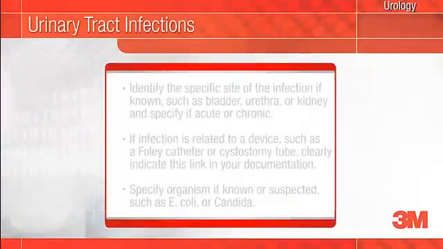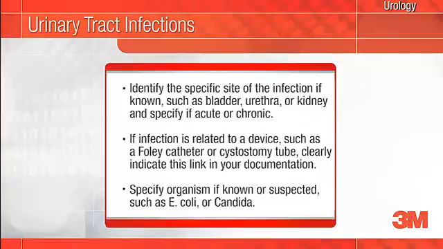There's not a lot new with urinary tract infections in ICD-10. If you know the site of the infection, it's important to note it, such as cystitis, urethritis, or pyelonephritis, and if the condition is acute or chronic.